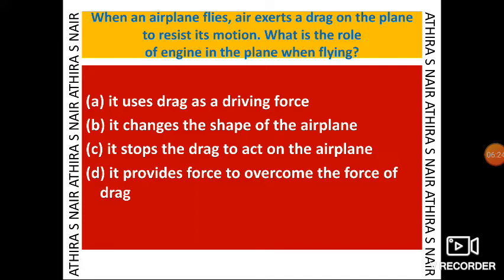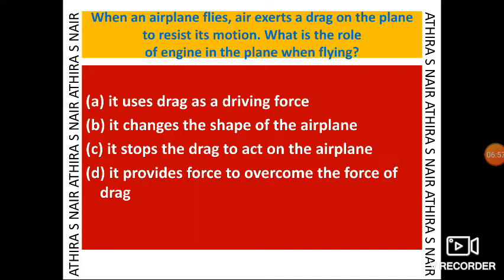Here are some questions. Please try to answer these questions. First question: when an airplane flies, air exerts a drag on the plane to resist its motion. What is the role of the engine in the plane when flying? Option A, it uses drag as a driving force.